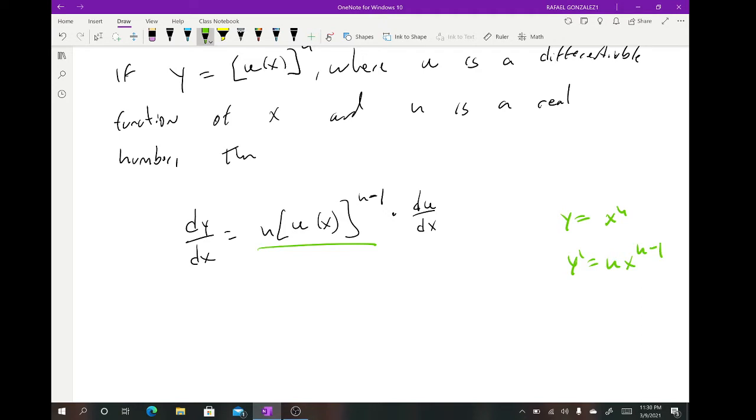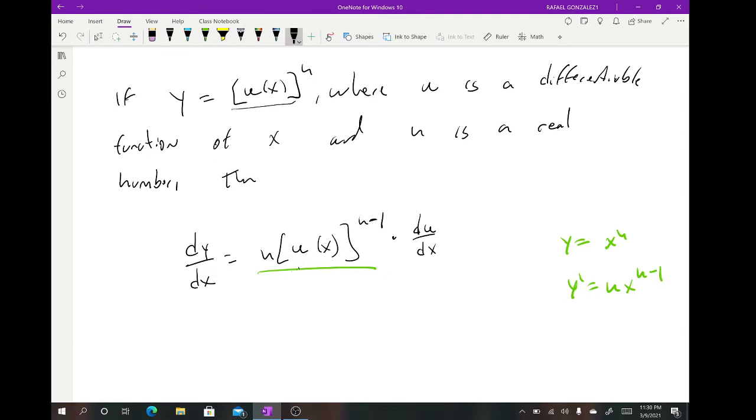So here you're taking that derivative the way that you used to, because what we're given is very similar, but because our u is a function, we have to multiply by the derivative of it, which is where the chain rule comes into effect.